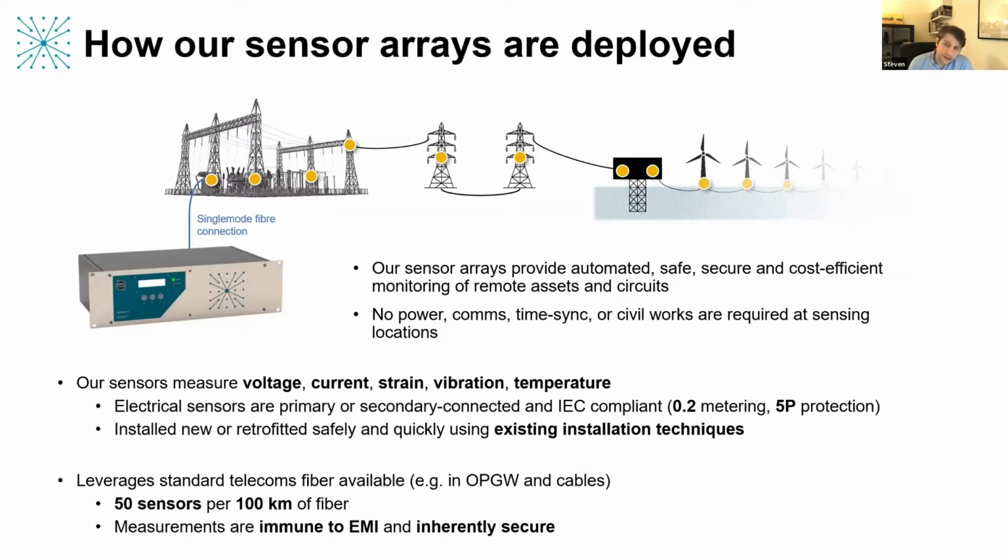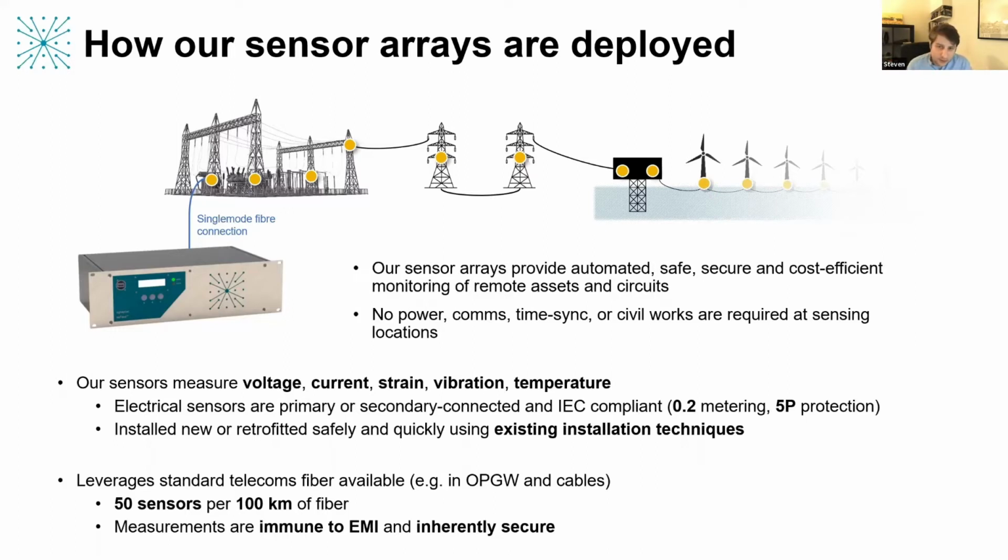On this slide, you can see how we've got a single central monitoring unit, which is connected to an optical fiber. That fiber is able to visit lots of distributed sensing locations throughout the system, whether that's inside a single substation or far beyond that in terms of overhead lines, cable systems, and even assets that are far offshore.